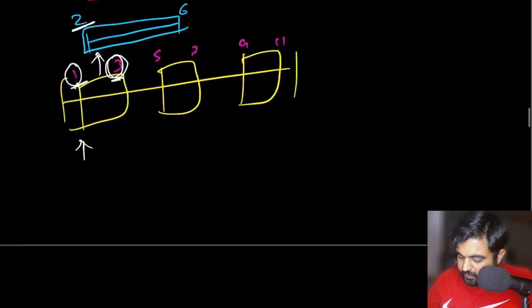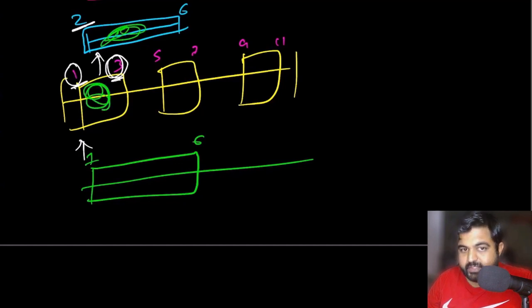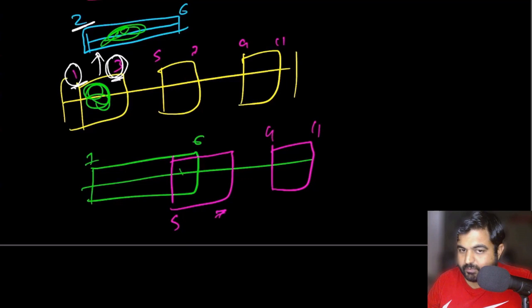If we run it, we get an interval starting at 1 and ending at 6. Currently I'm just merging these two intervals, nothing more than that. So this is after the first iteration, and meanwhile we still have our existing values, 5 to 7 and 9 to 11.